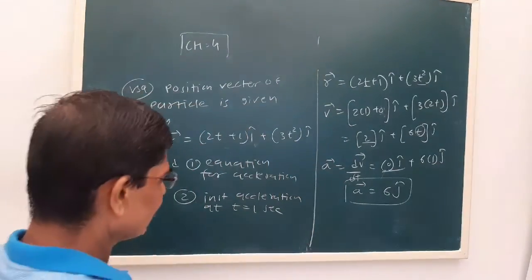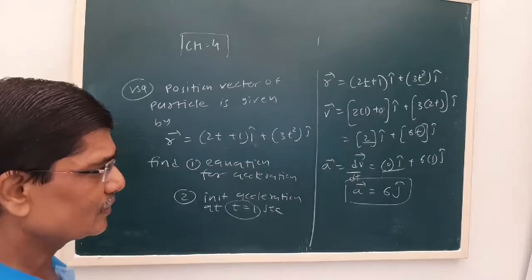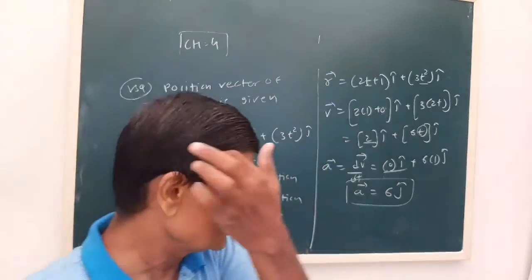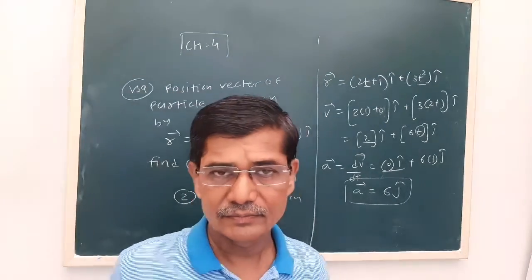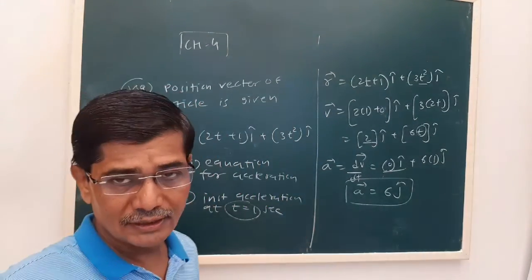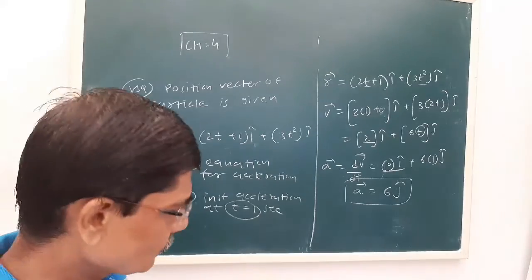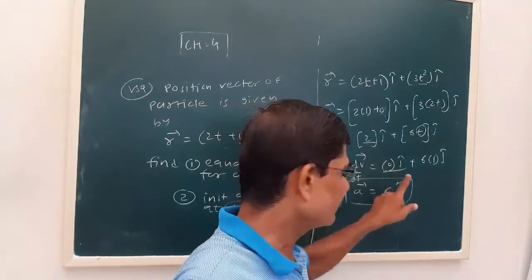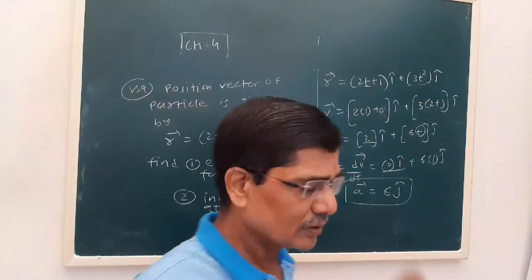Now here t is equal to 1 second has no significance. Why? Because there is no term with t here. That means the particle moves with a constant acceleration. Its x component is 0, we do not have any value, but its y component is 6.